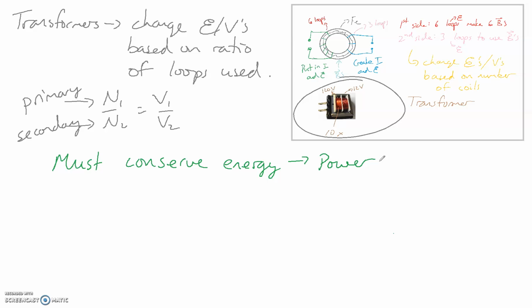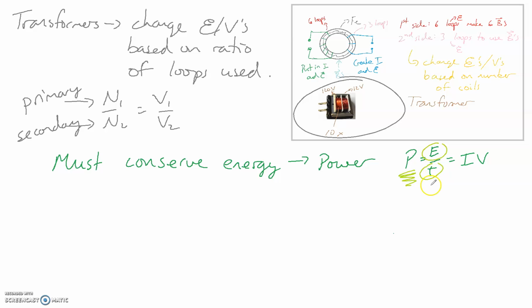So if you go back to what we did before, there are two basic ways to calculate power. There's energy divided by time, because it is defined as the rate of energy use. But another one that we had way back when is current times voltage, the product of the two. So if our power has to stay the same, we have to have constant energy, constant power. This can't change.